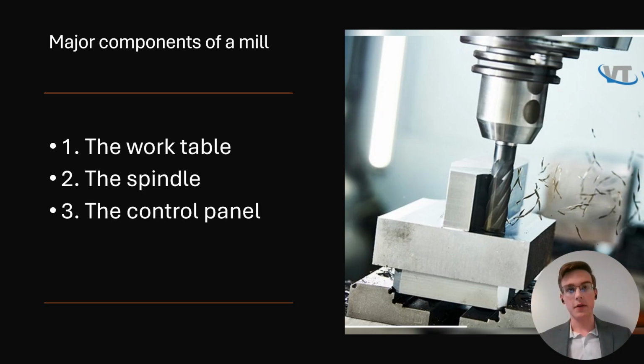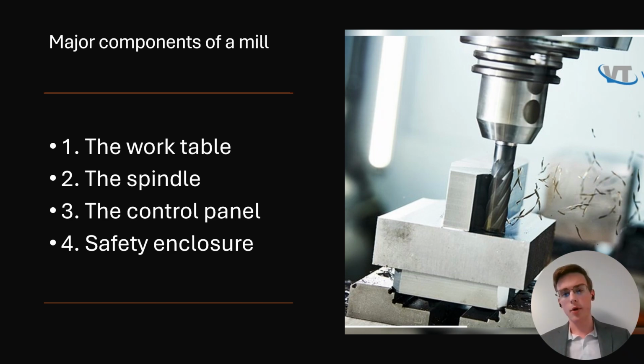It's what the operator needs to control the machine. It gives them options for manual control or to see what's going on with the code and to control where it's at in the code that's loaded into the machine. And then this is an optional part, but most machines, especially industrial ones, will have a safety enclosure as well. Cheaper hobbyist ones or ones for personal use generally won't, but most expensive ones do.